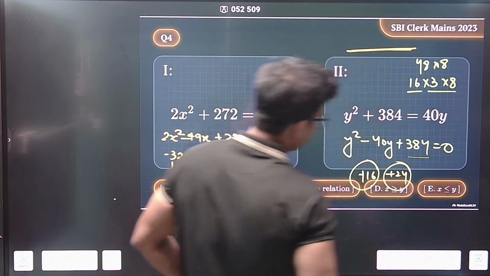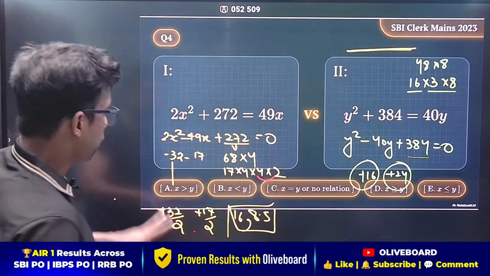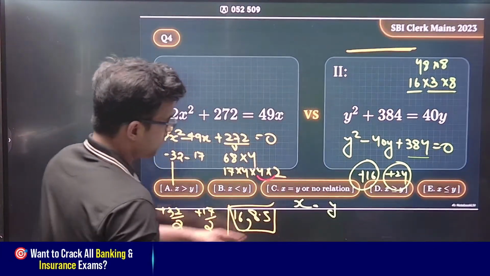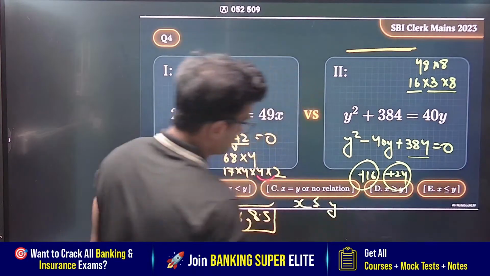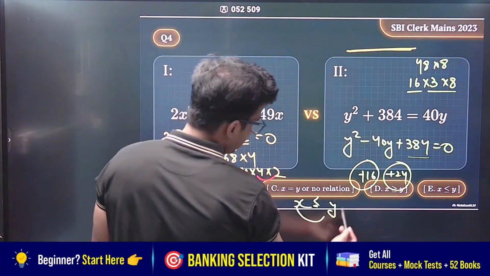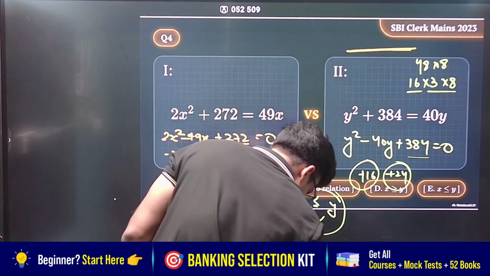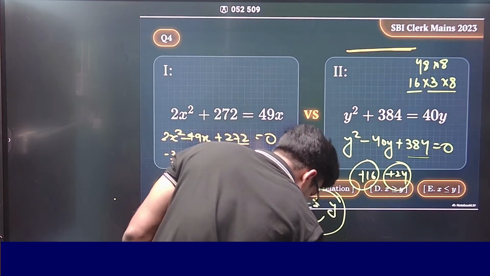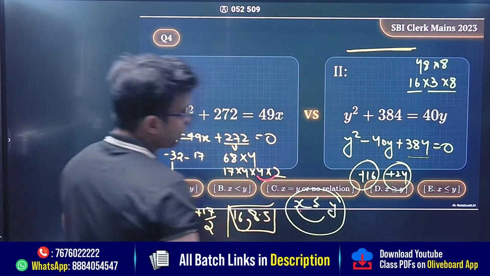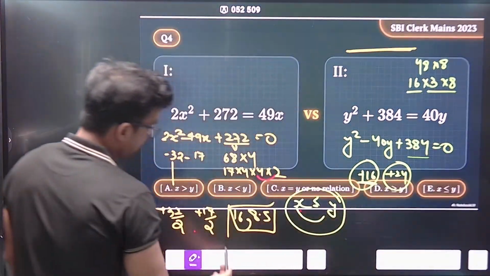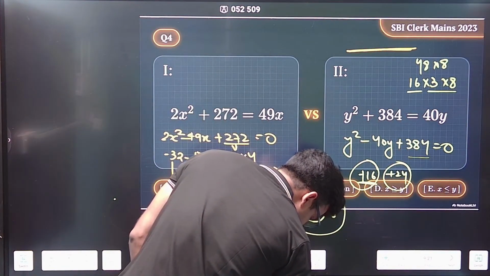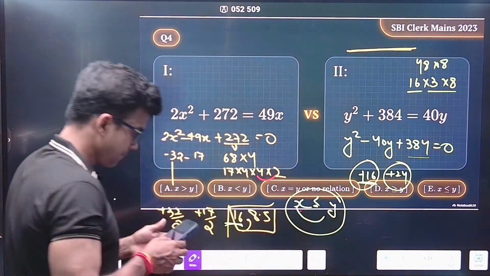Now which one is greater, everyone? Firstly you can say that one sign would be of equals to. This is y is greater than or equals to x. No, there would also be equals to, na? Equals to will also be there because 16 is coming here and 16 is also here. Is this clear, everyone?